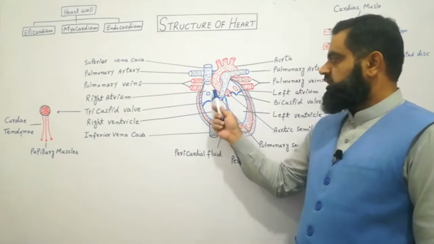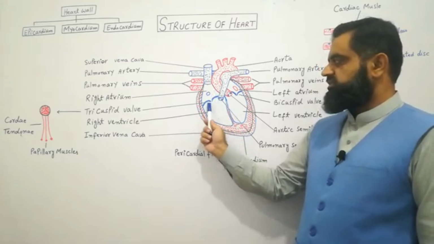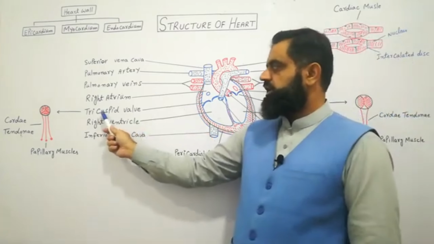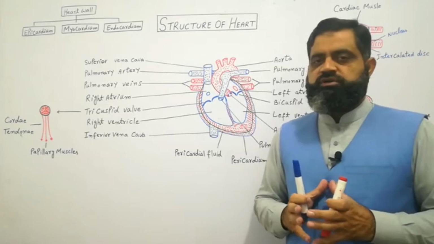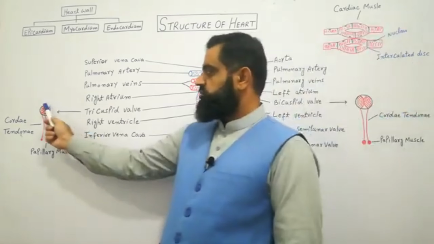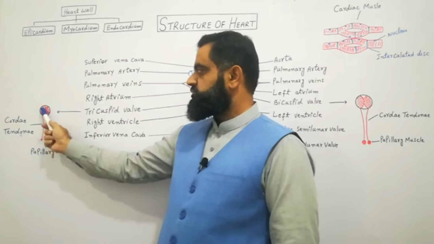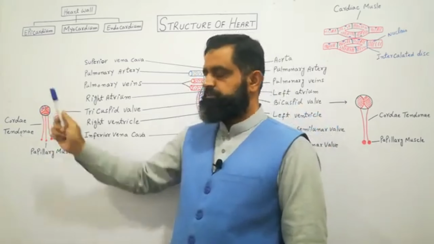In between the right atrium and right ventricle, there is a valve known as tricuspid valve. If we look at the ultrastructure of the tricuspid valve, we see that this valve is composed of three flaps of tissue, as you can see in the diagram: 1, 2, 3.